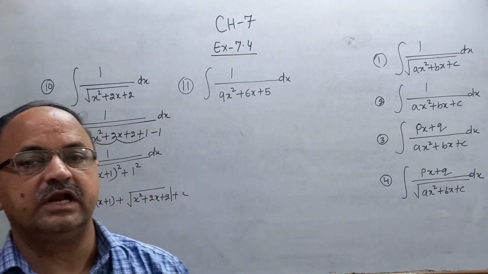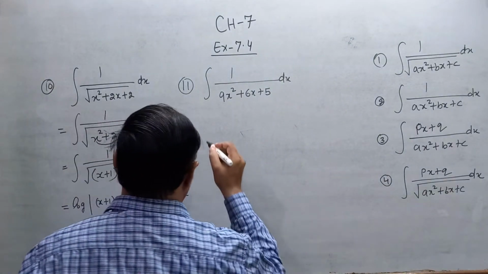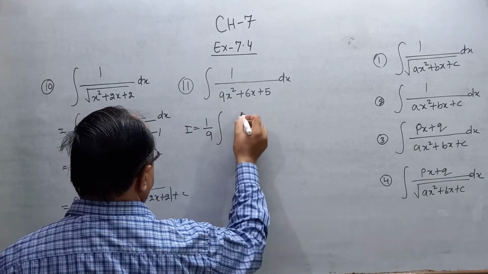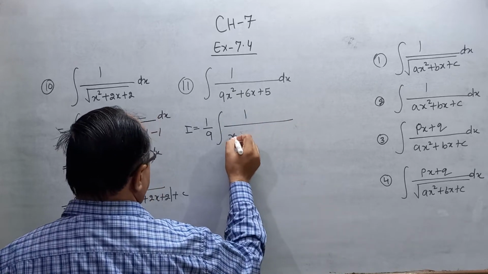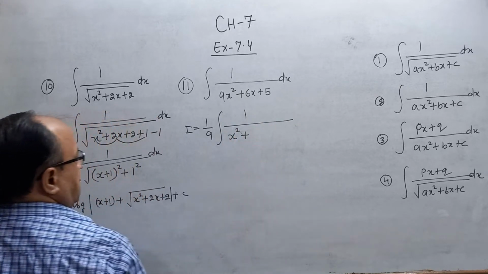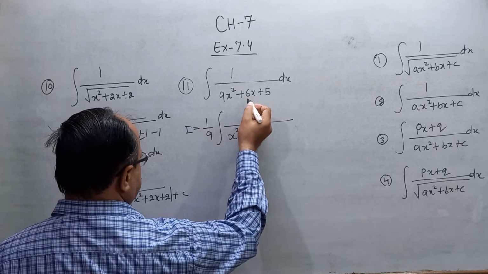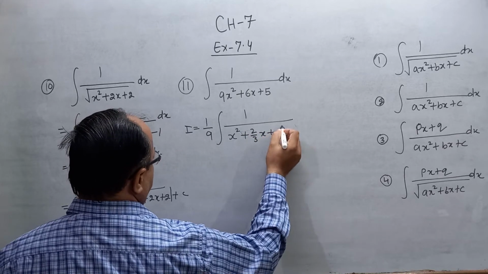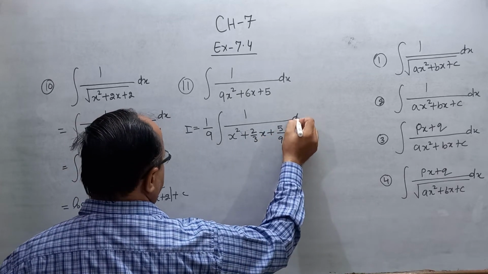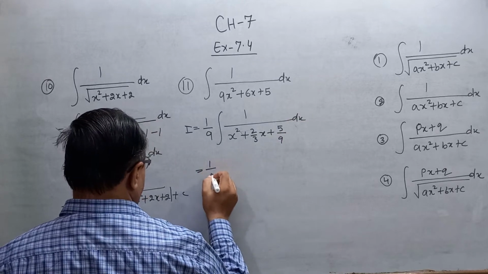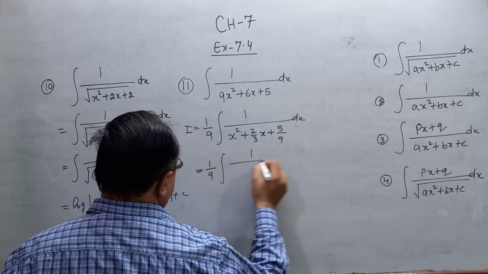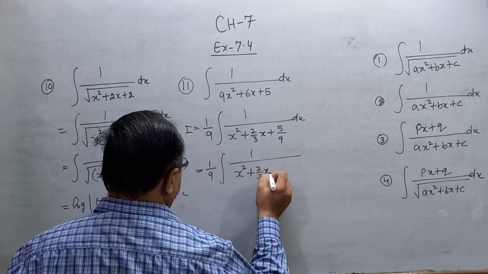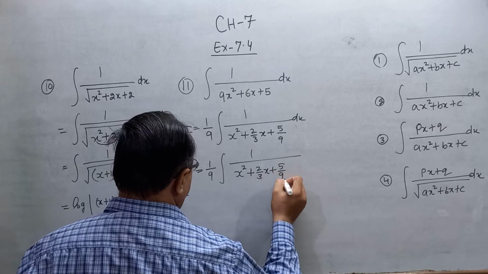Now you can take common 9. 1 by 9 common, 1 upon x square. When you take 9 common, it becomes 6 by 9, and 6 by 9, you know, is 2 by 3, plus 5 by 9 dx. 1 by 9 integration 1 upon x square plus 2 by 3 x plus 5 by 9.